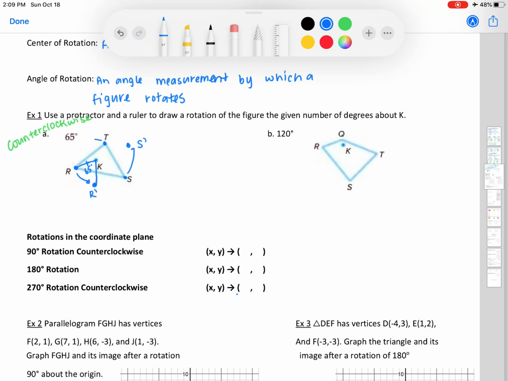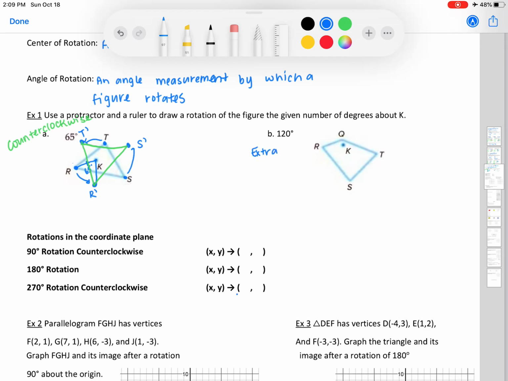And then we would do the same thing with our T, moving it 65 degrees to get our new point of T prime. Okay, and then lastly, we would connect all of those to recreate our image from our pre-image.